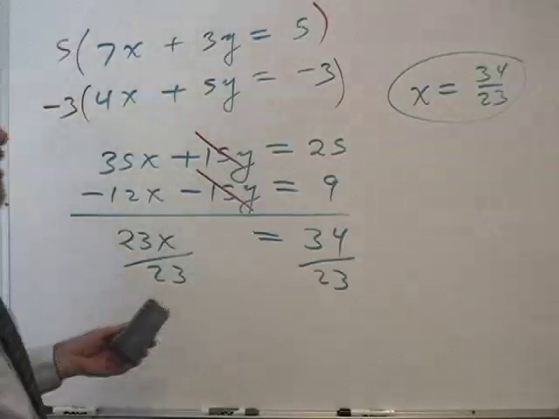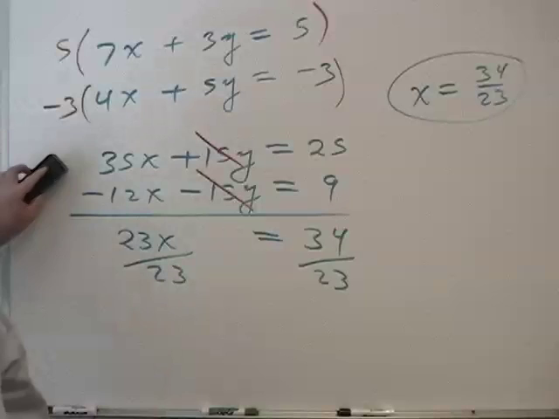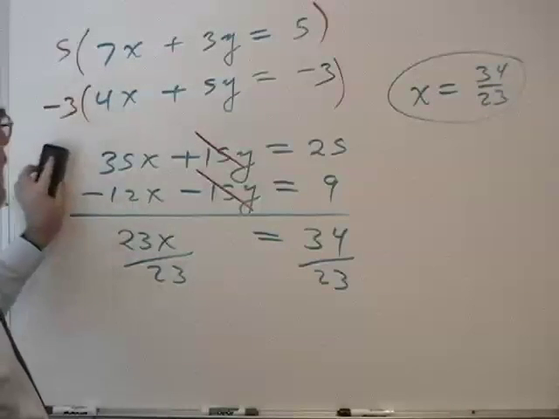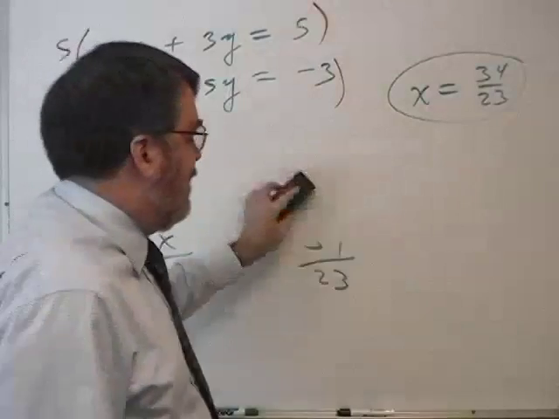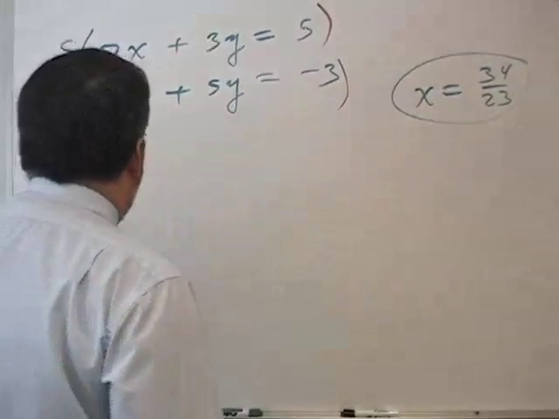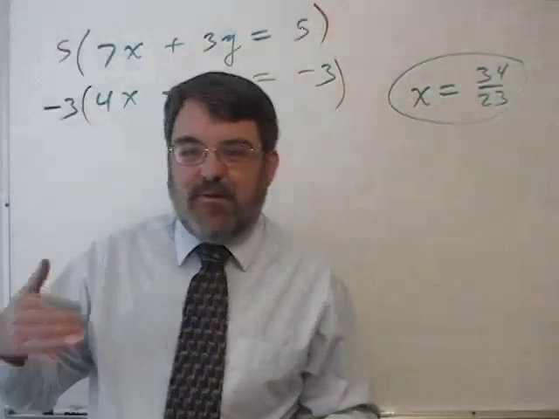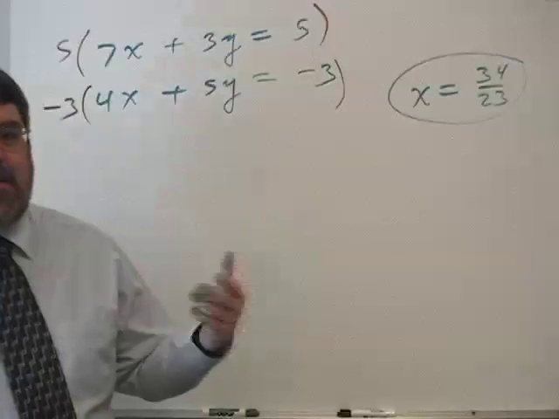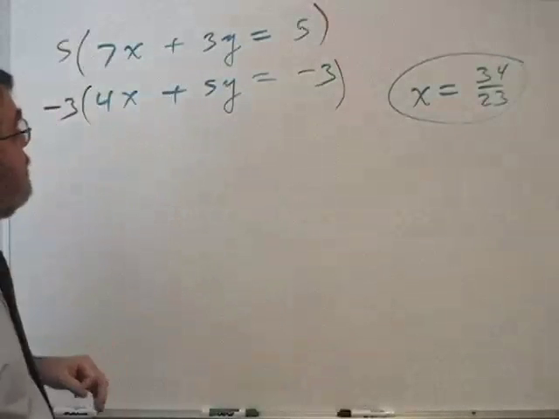So let's assume we did good work here and go ahead and try to find y. So I need to make room by erasing. But please don't erase on your papers when you show me, because I want to see your work. Remember, the more that you communicate to me about what you're doing, the easier it is for me to give you some partial credit when you need partial credit.